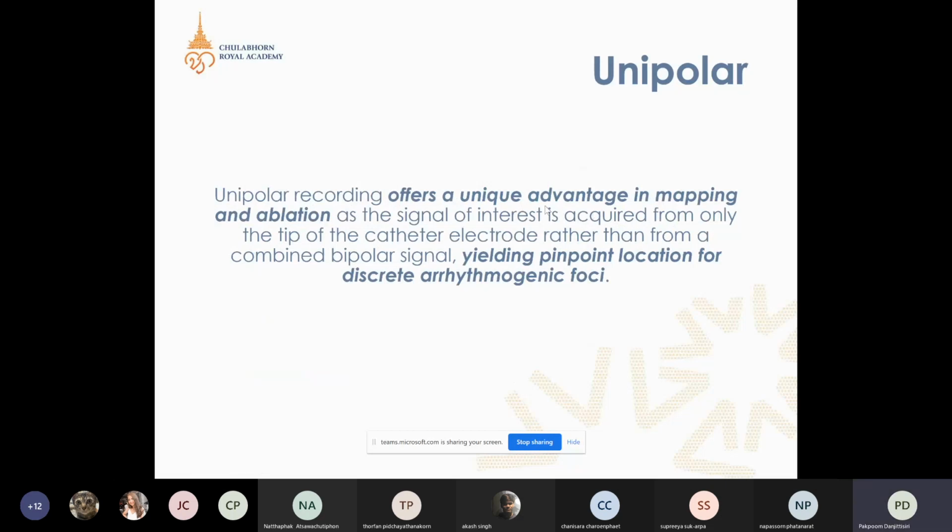Actually, the unipolar recording offers a unique advantage in mapping and ablation, as the signal of interest is acquired from only the tip of the catheter electrode rather than from a combined bipolar signal, yielding pinpoint location for discrete arrhythmogenic foci.